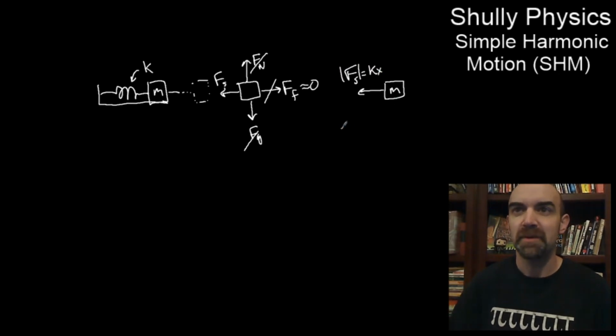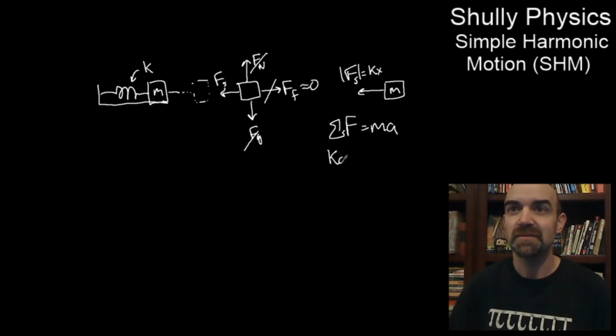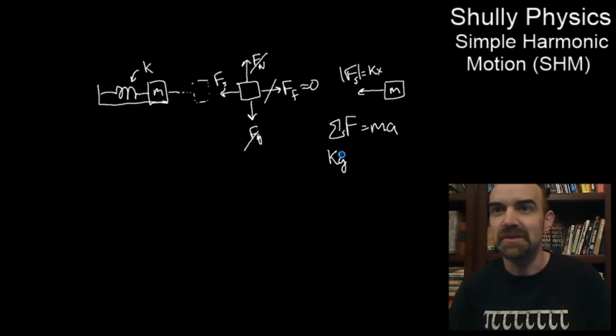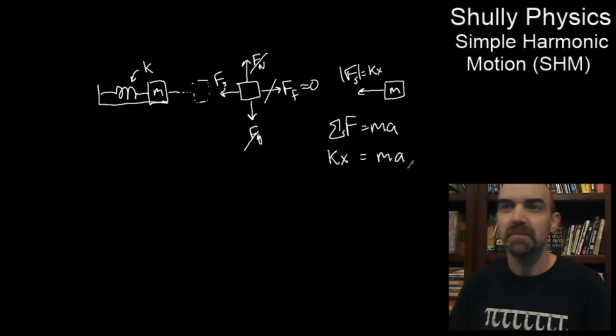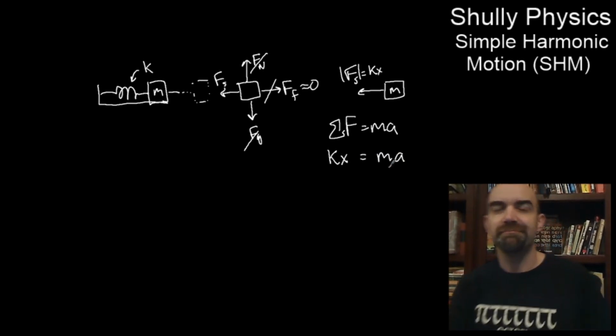Okay? If we take Newton's second law, then we get kx, k being the spring constant, x being the position at the particular time, equals ma. Okay?